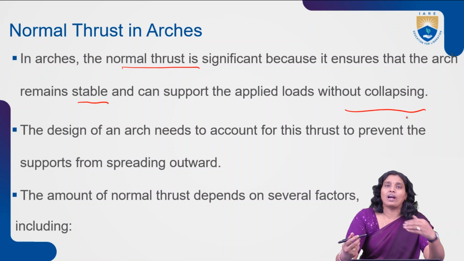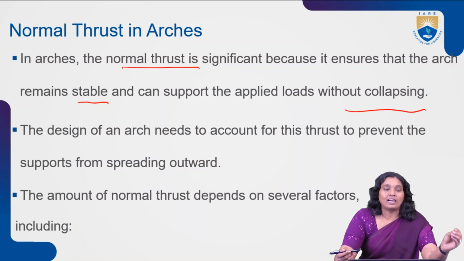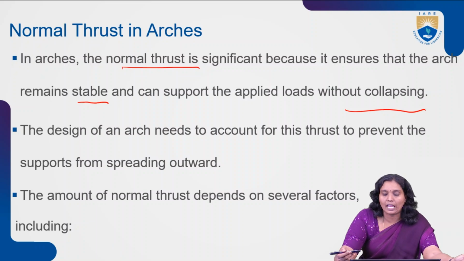Whenever we are using different types of loading conditions as per the construction requirement and the design parameters of the particular arch, whether it is a parabolic arch or circular arch, we have different types depending upon the supports, how many hinges are there. There may be 2-hinged arches, 3-hinged arches, whatever it may be.